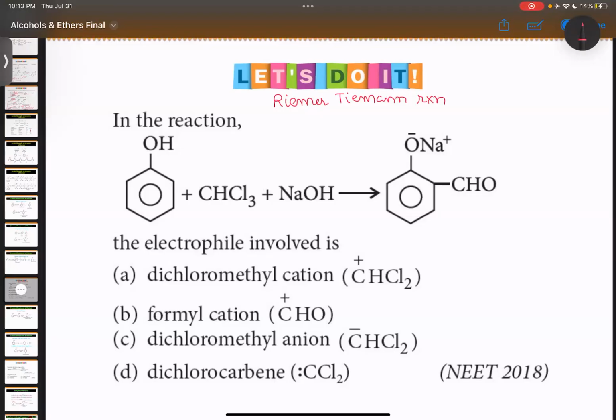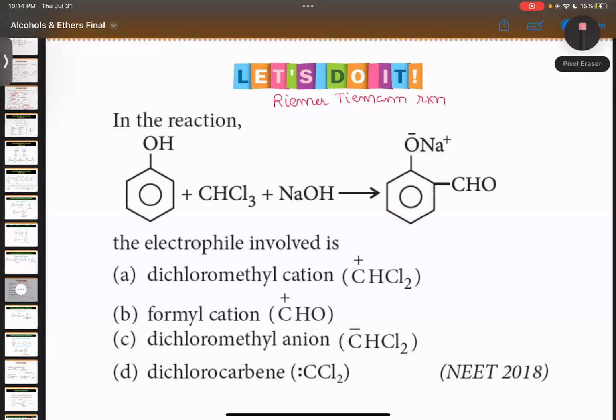And what were the intermediates in today's class we discussed? So just try to recall the intermediates. Phenol we will convert to phenoxide ion because of the base, right?